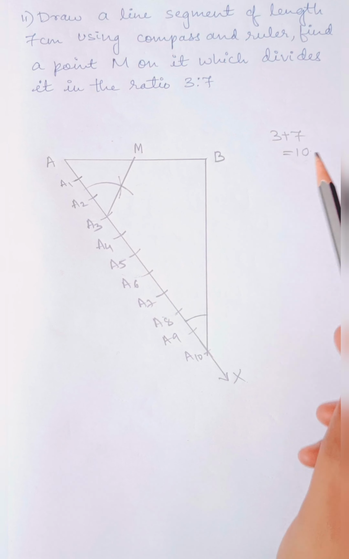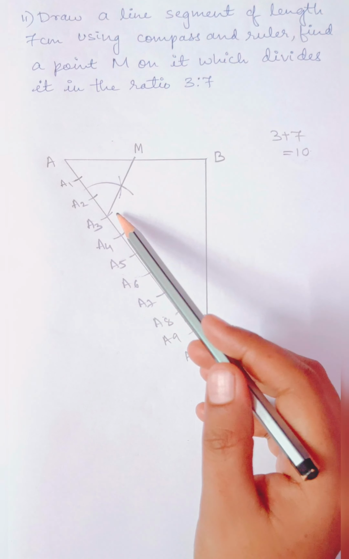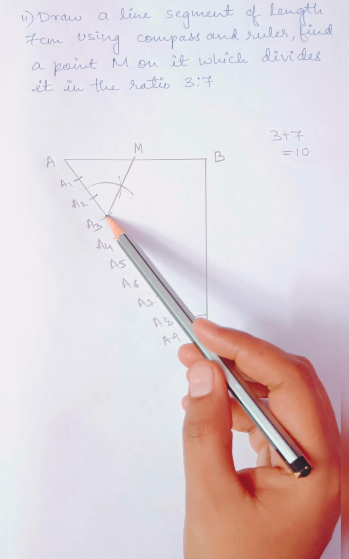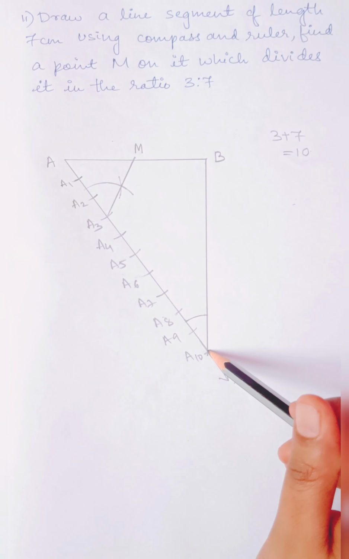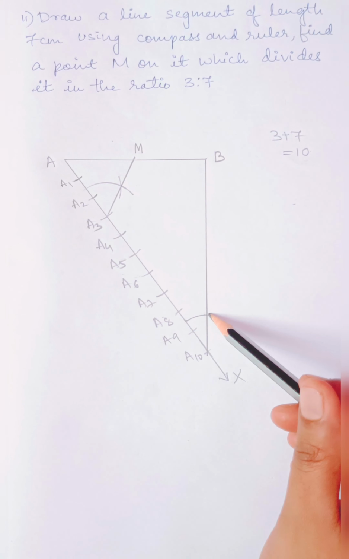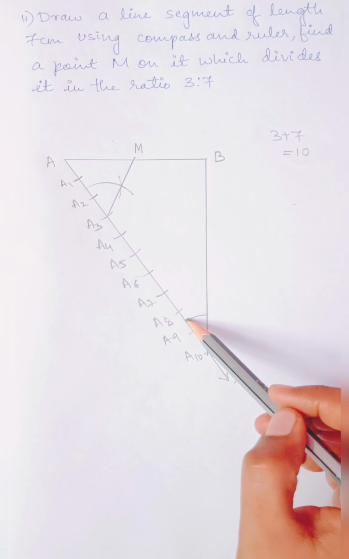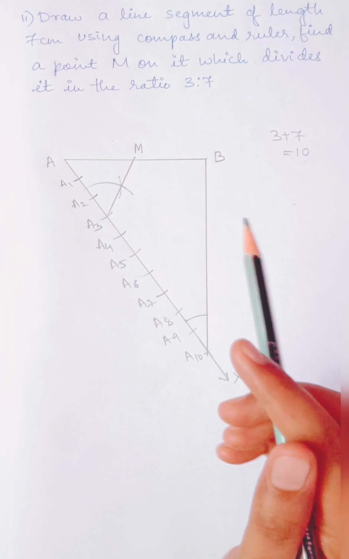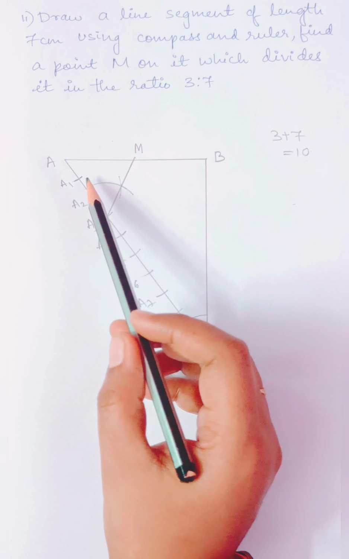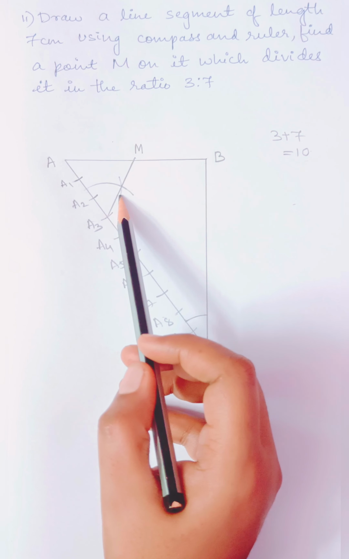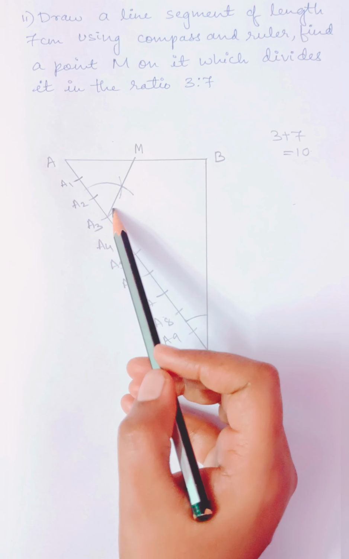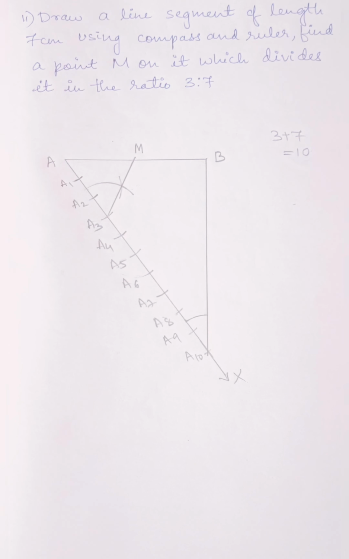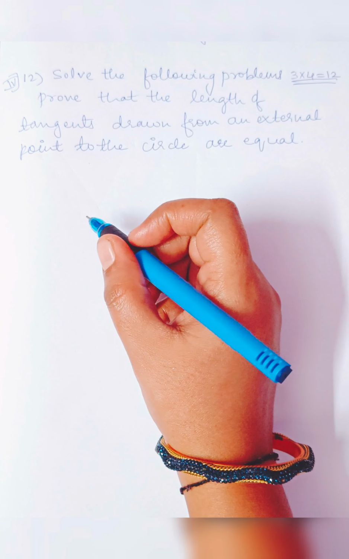Then keep the compass on this, mark an arc, then without changing the measurement, keep it on A3 and mark an arc. These two arcs meet over here, then join from A3. This completes this question.